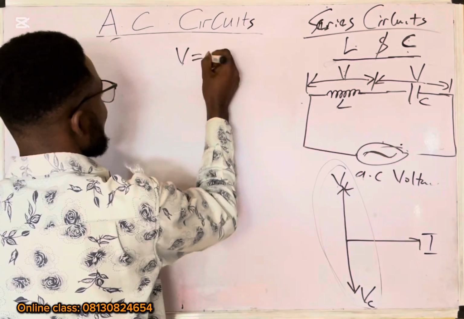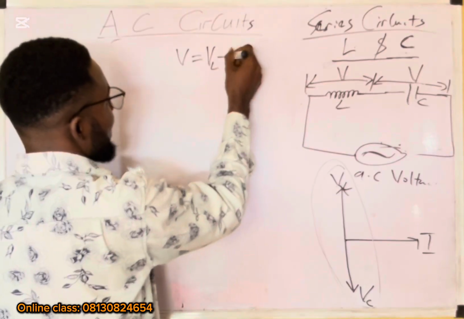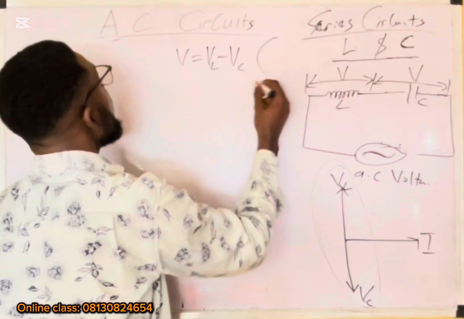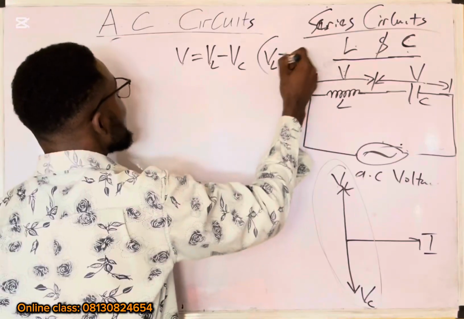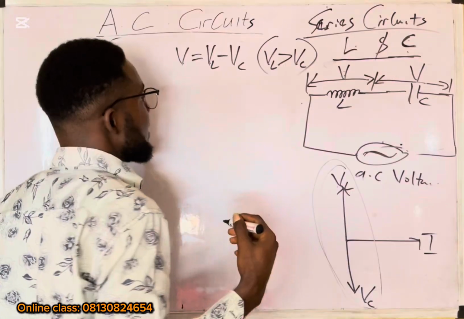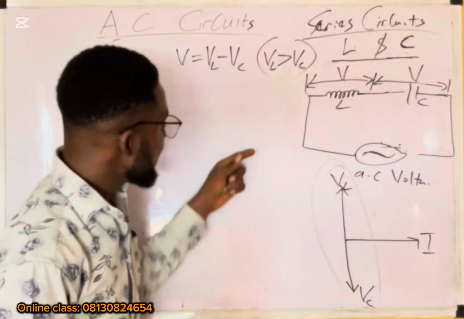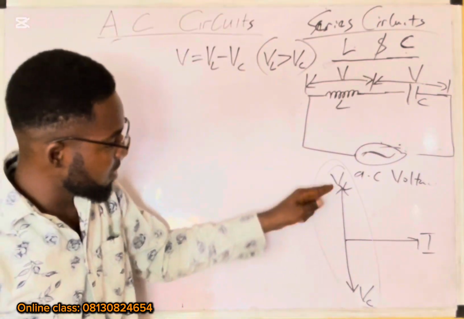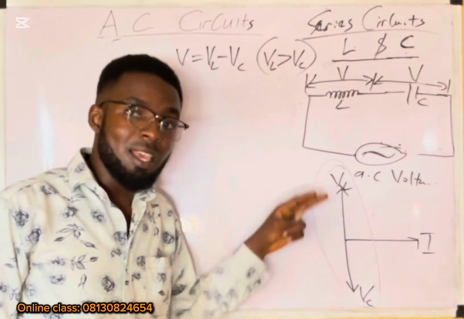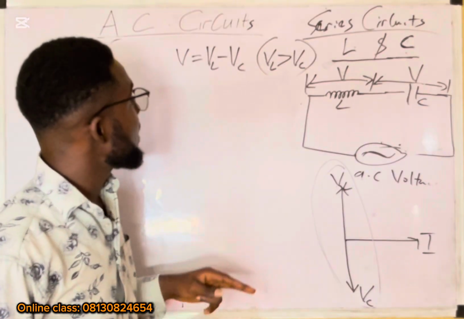The voltage is going to be V subscript L minus V subscript C, so long as V subscript L is greater than V subscript C. The voltage right here is the positive difference of these two. That's the effective voltage.